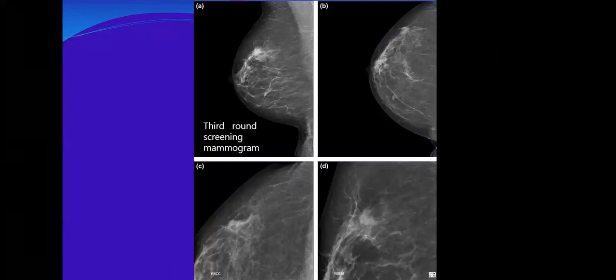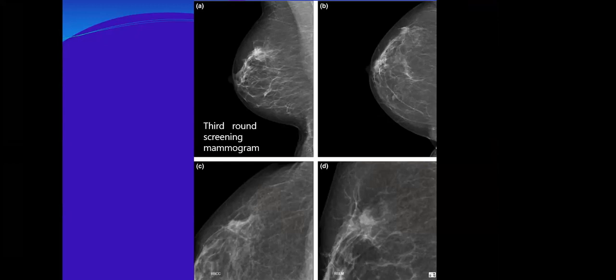So they did not do an ultrasound at that time. They just let the patient go for the third round. They passed it as something not significant, and the patient came for the third round screening mammography.